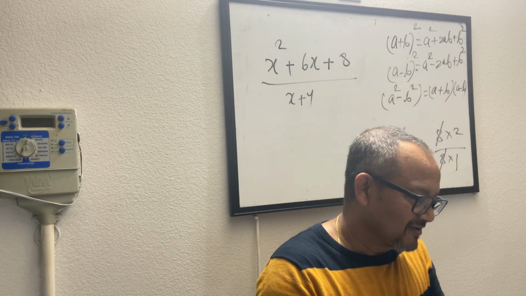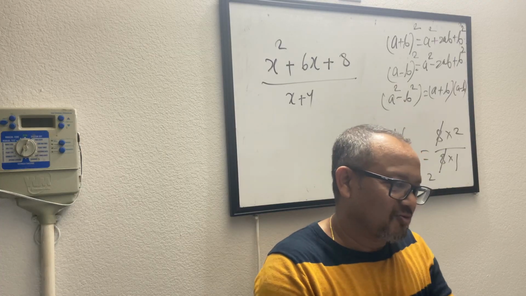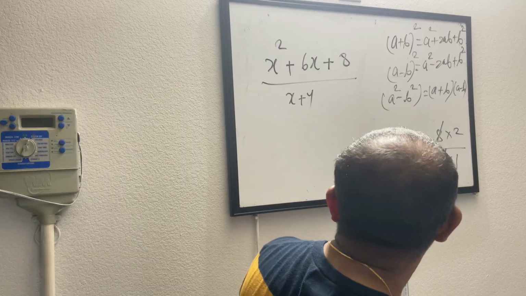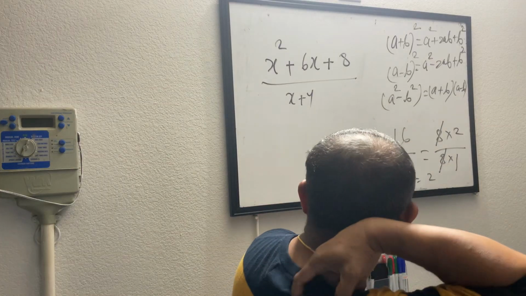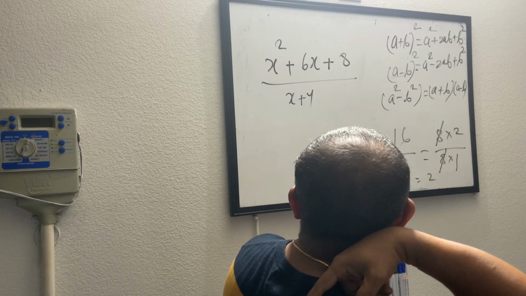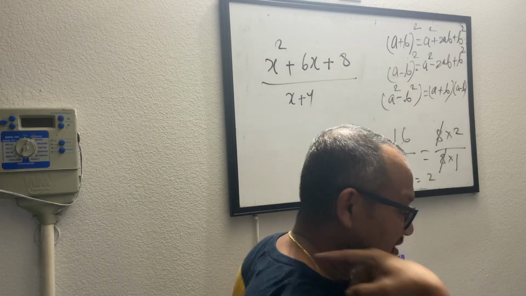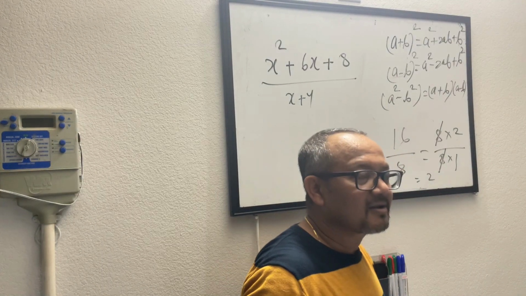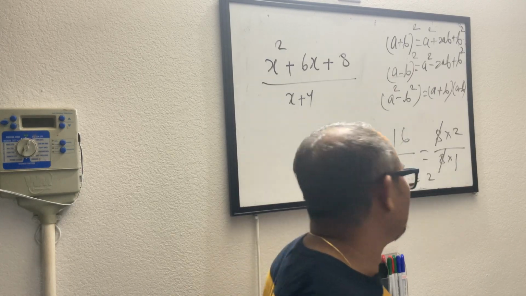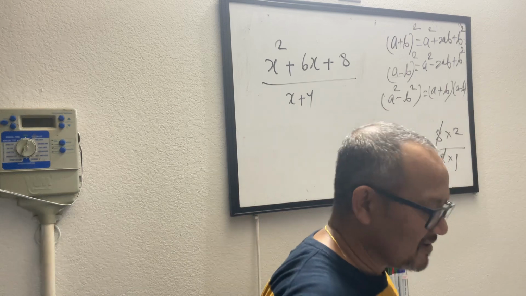Sir, we have to factorize the quadratic equation. So it's very simple. We multiply x squared by 8. The coefficient for x squared would be 1, so 1 times 8 is 8. Now you find factors of 8: 2 and 4, because 2 and 4 make 6 for the 6x.